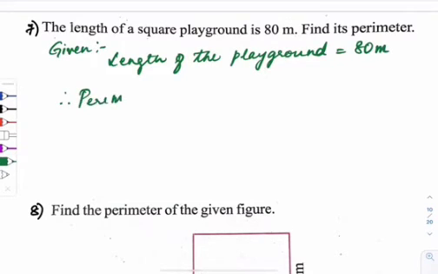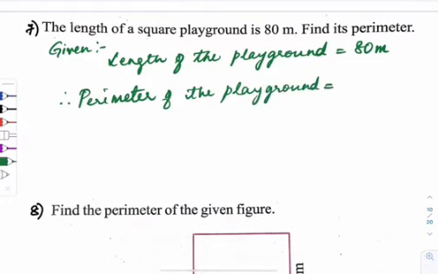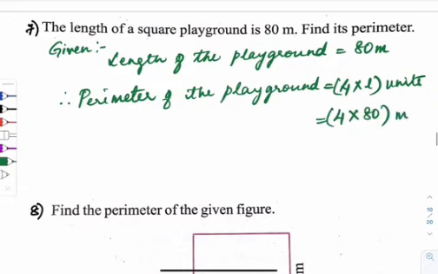So perimeter of the playground is equal to, since it's a square, all sides are equal, we take up the formula as 4L units or 4 into L units. This is equal to 4 into 80. The unit here is meters. So 4 into 80 meters, which is 320 meters.